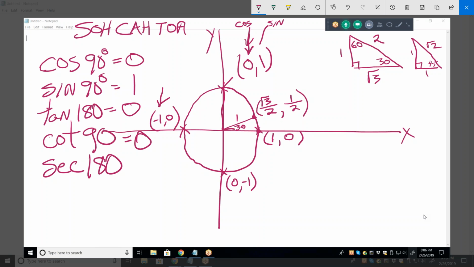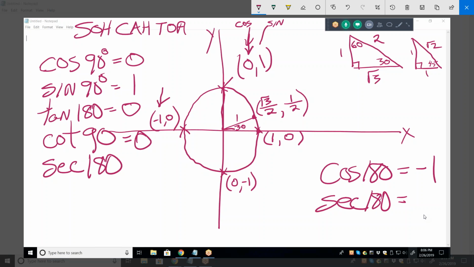With me? So if the cosine of 180 is negative 1, the secant is the reciprocal of the cosine. What's the reciprocal of negative 1? Negative 1.